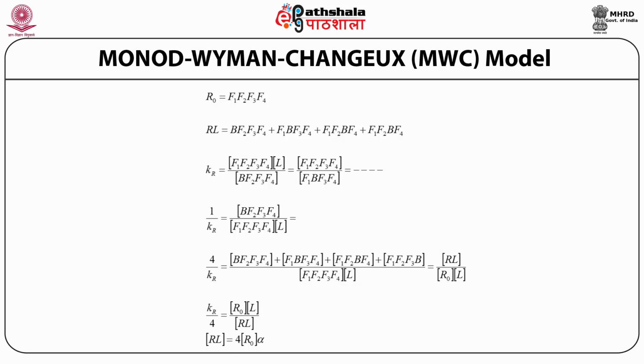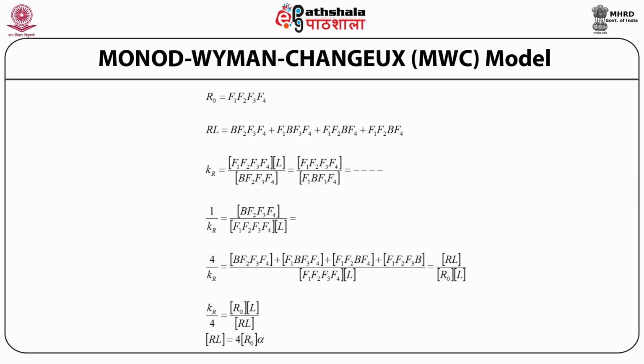RL can be made from 4 different forms of protein: B, F2, F3, F4, where the first site is occupied by the ligand, then F1, B, F3, F4 where the second site is occupied, F1, F2, B, F4 where the third site is occupied by the ligand, and F1, F2, F3, B where the fourth site is occupied by the ligand.